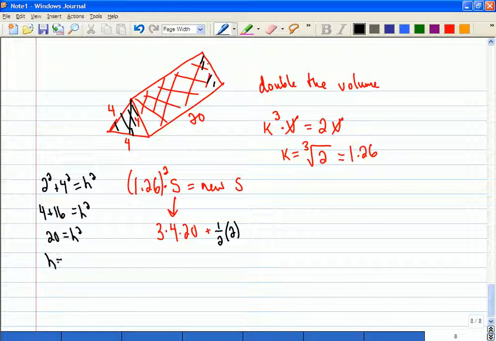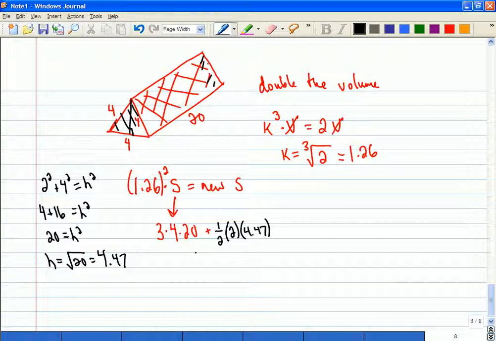So the height of this is the square root of 20, which gives me, let's see here, about 4.47. Okay, so I'll add all these up and we'll find out what we get for the old surface area.